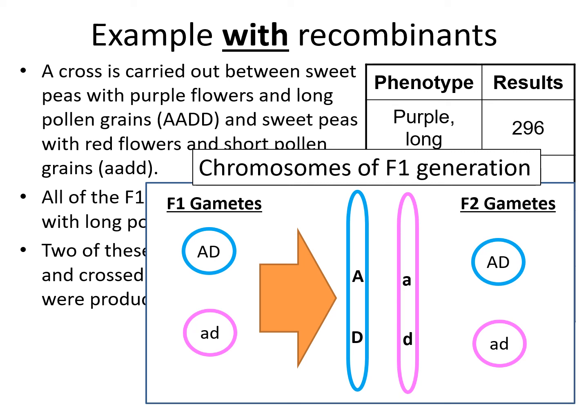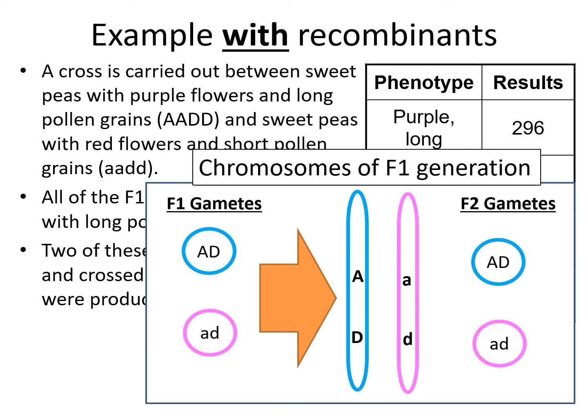So either the A's would cross over because of a chiasma, or the D's would cross over because of a chiasma. It doesn't matter as long as one of them swaps without the other, because if they both swap over, then the A and D uppercase and the A and D lowercase stay together anyway. So they have to swap over without the other one.